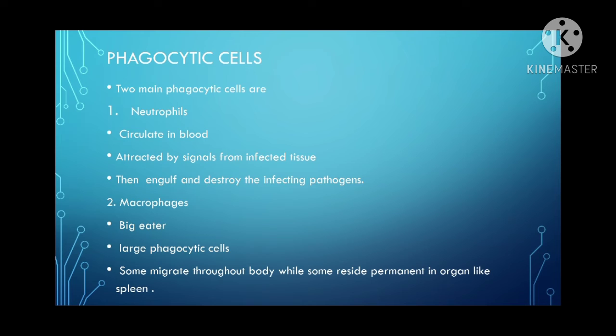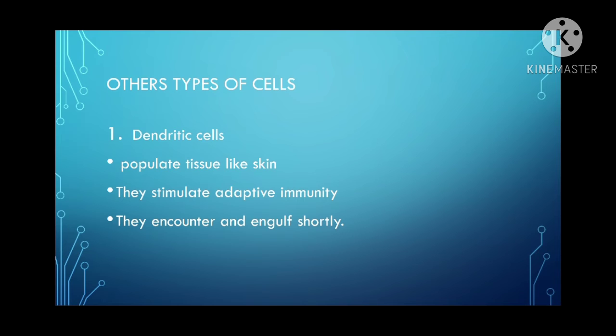And not only these two cells are involved in phagocytosis, there are other types of cells, like dendritic cells. Dendritic cells populate tissues like skin. Okay, they stimulate adaptive immunity. They encounter the infectious agent and engulf it shortly.